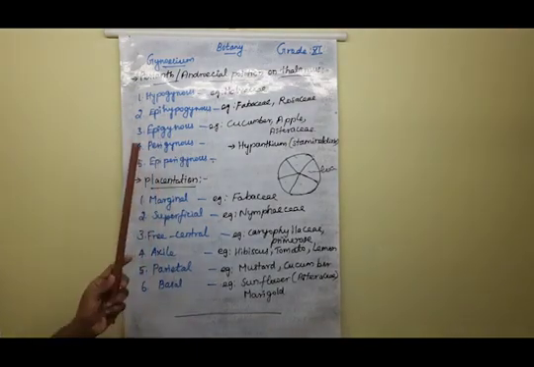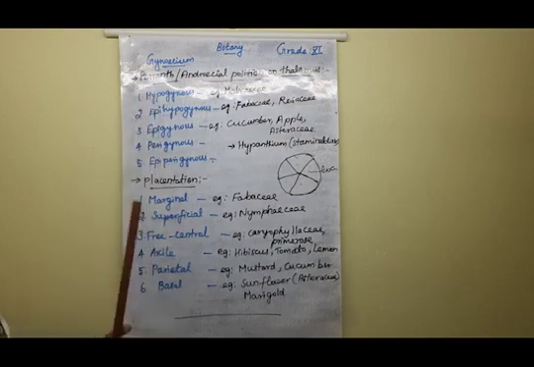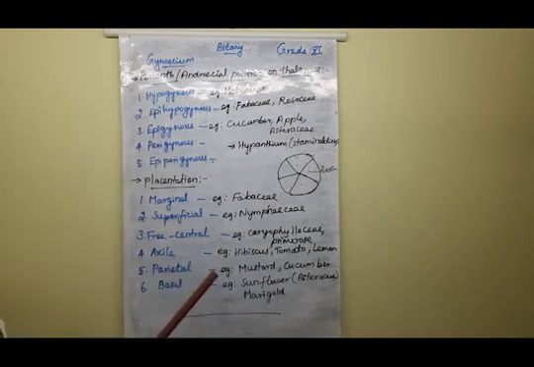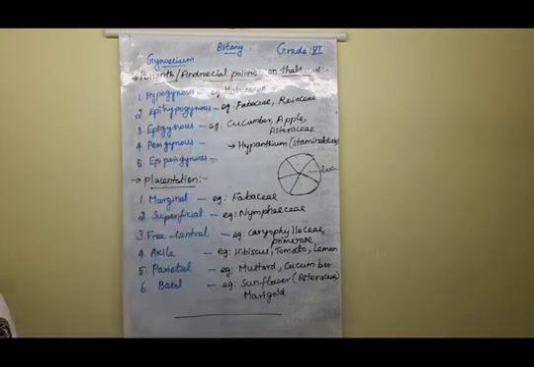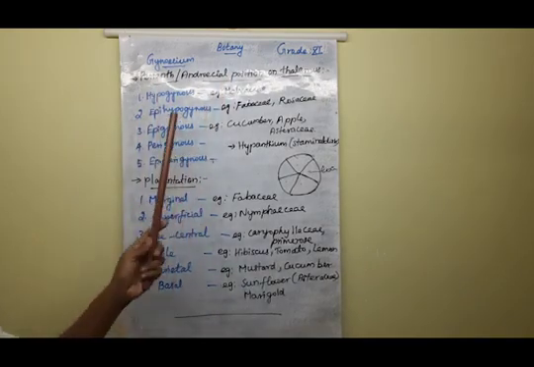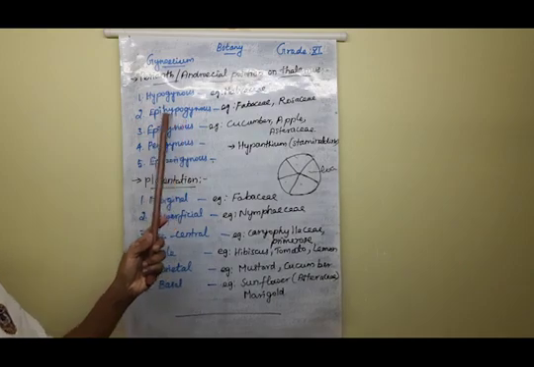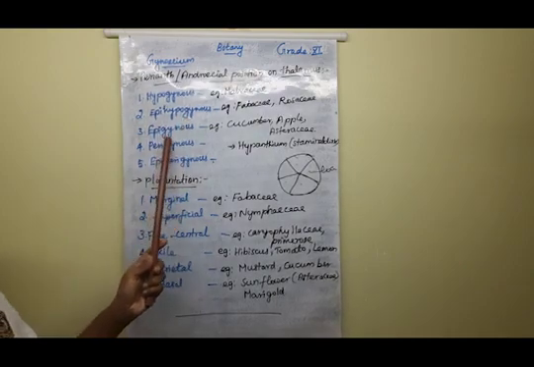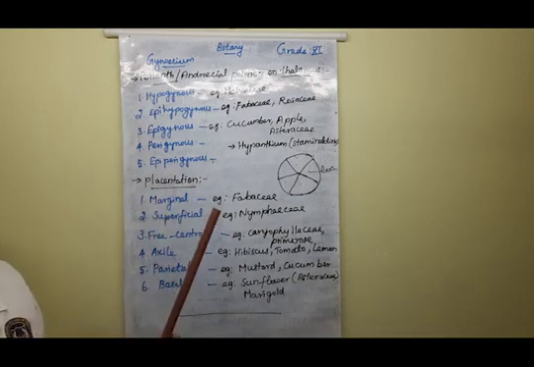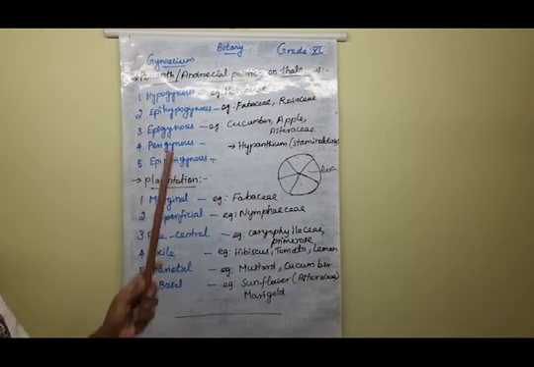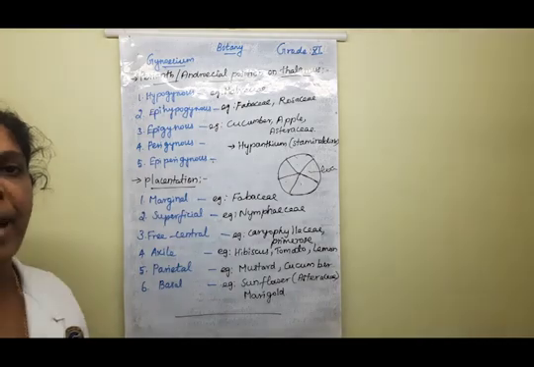So these are the 5 types of flowers regarding the perianth or androecial position of the thalamus. Once again: hypogynous, epihypogynous, epigynous, perigynous, epiperigynous. Clear, children? Say yes or no? Yes. Then learn them one by one.